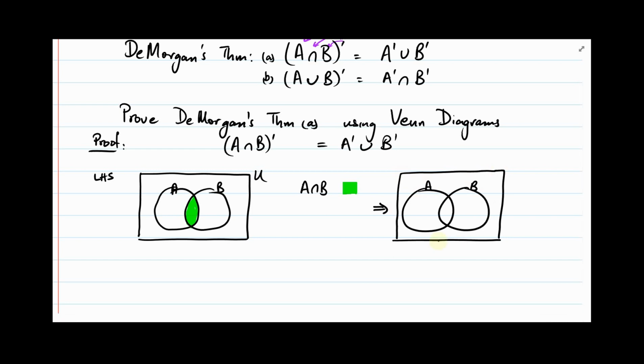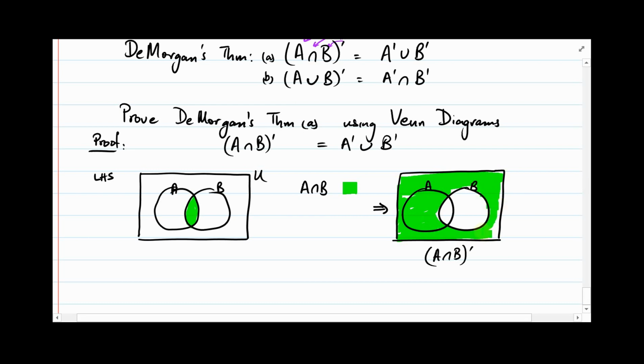So if instead I ask what is A intersected B complement, it would be the unshaded region that I will now have to shade. Okay. Guess this is checking my fine motor skills here, which are not that fine.